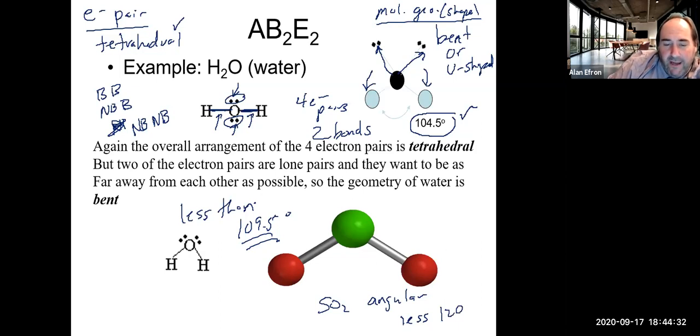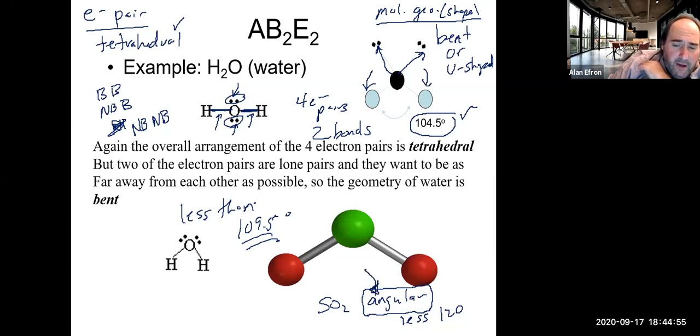So there is actually a difference between these two, and that's why, like I was talking about earlier, people usually use the word angular to imply this one, because it does mean something different in terms of the bond angle.